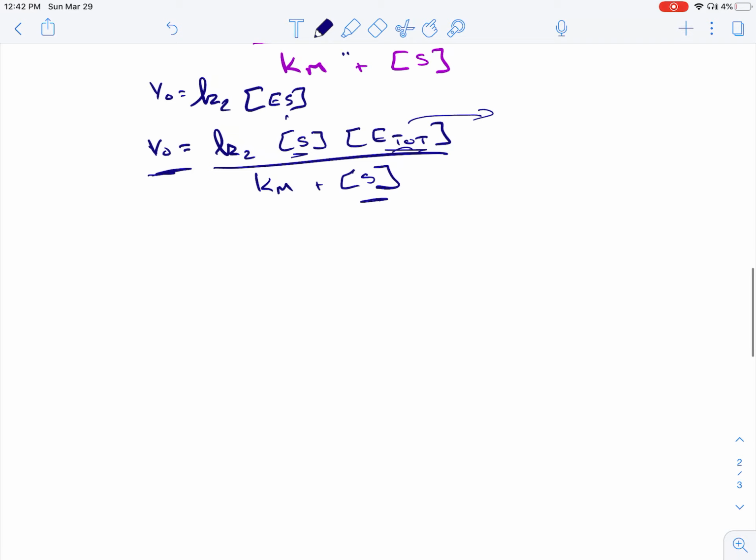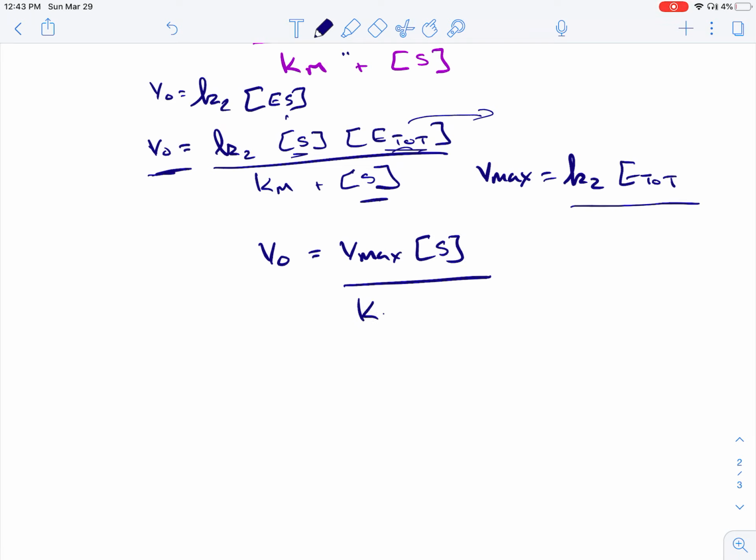So we can define a Vmax that assumes that 100% of the enzyme is in complex formation, and that would be equal to K2 times E total. All right. And so there, if we say Vmax is equal to K2 times E total, then V0 becomes Vmax S over Km plus S.